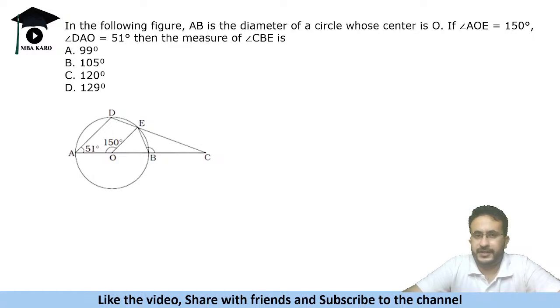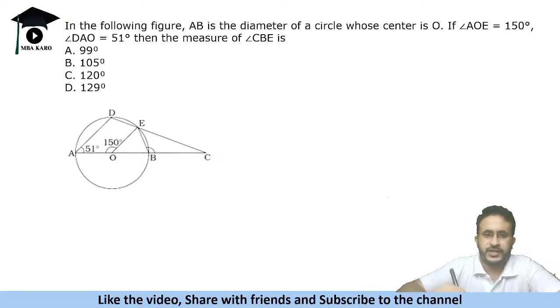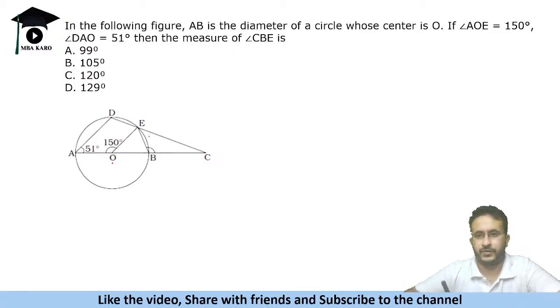In the following figure, AB is the diameter of a circle whose center is O. O is the center, AB is the diameter. If angle AOE is 150 degrees, you need to find the measure of angle CBE.